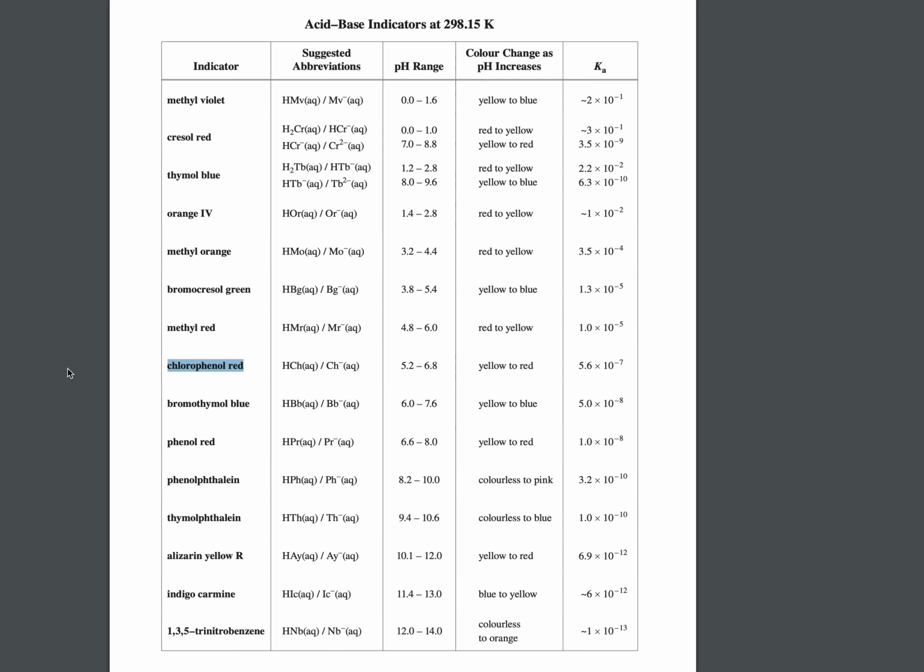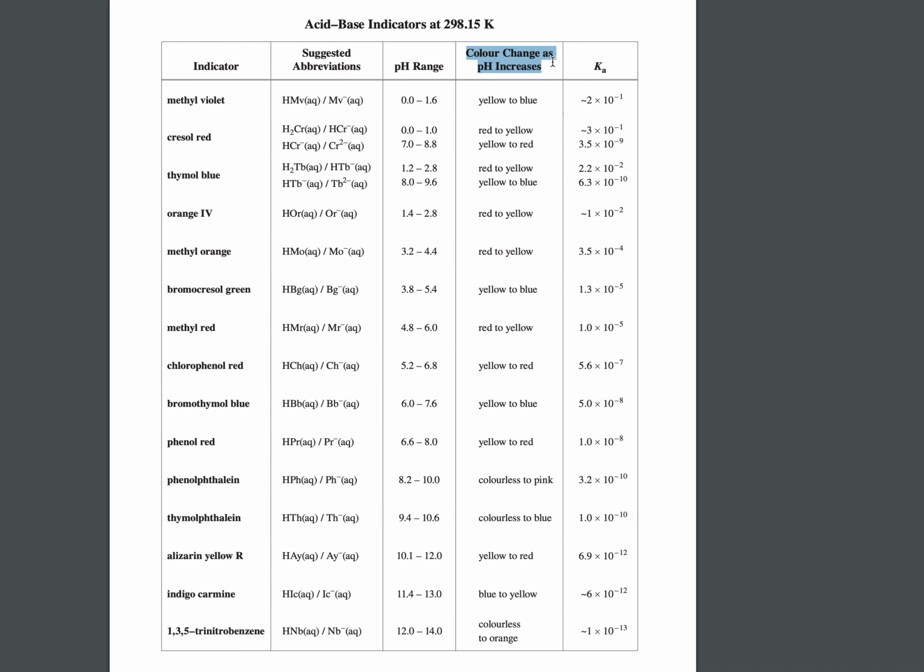These are just indicating two possible ways of writing out this indicator. After that, we see that we have a pH range column right here. What the pH range column tells us is the range at which this chemical is going to change colors. It also tells us the color changes as the pH increases.